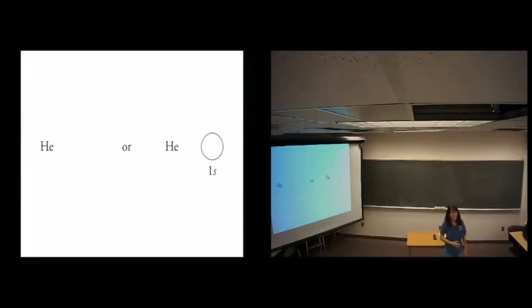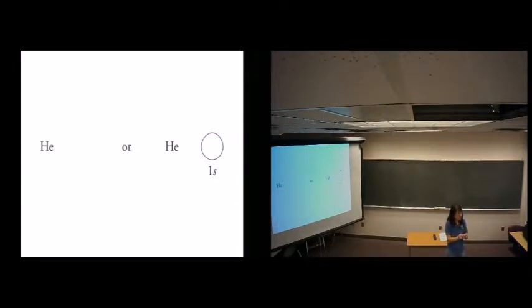The atomic number means 2 protons. But these are neutral. So if I have 2 protons, I'm going to have 2 electrons. If I have 3 protons, 3 electrons. Helium has 2 protons, therefore I have 2 electrons.